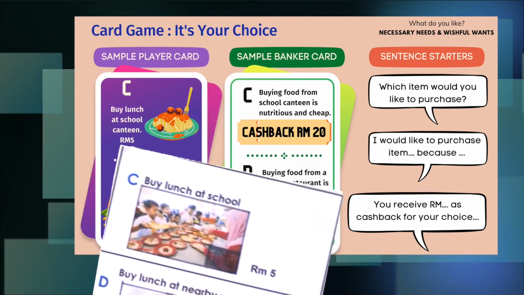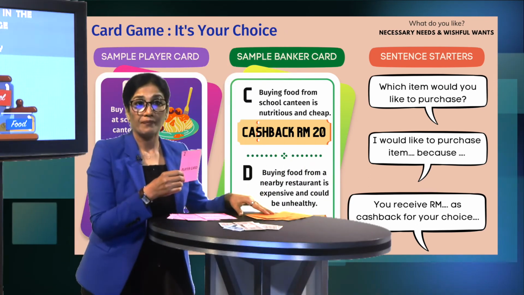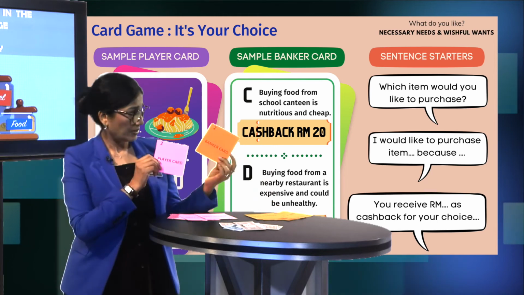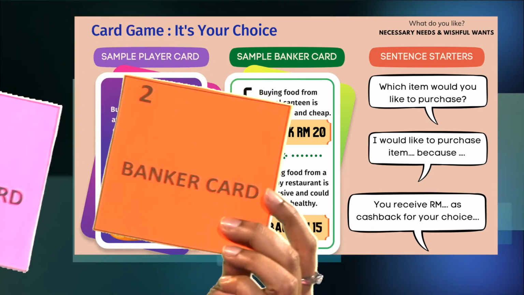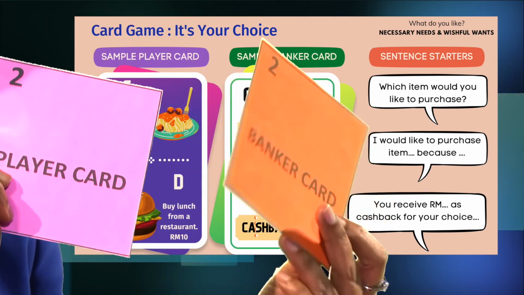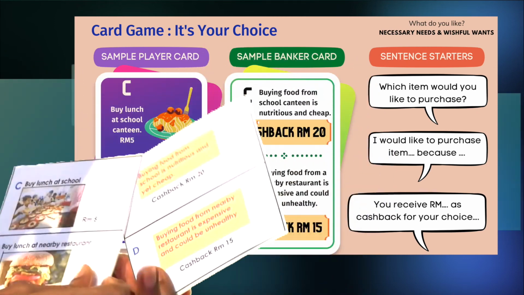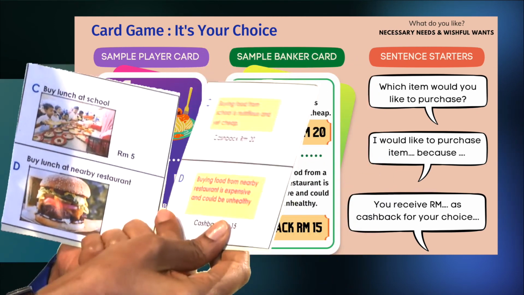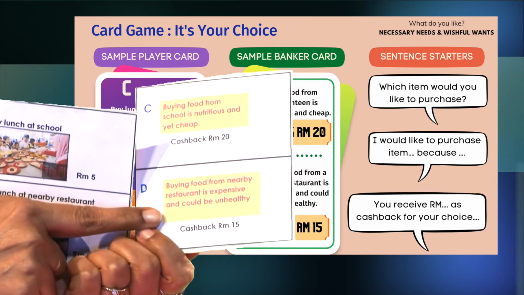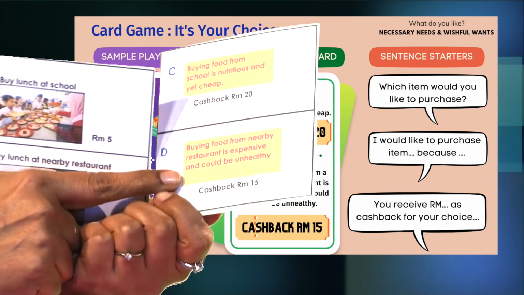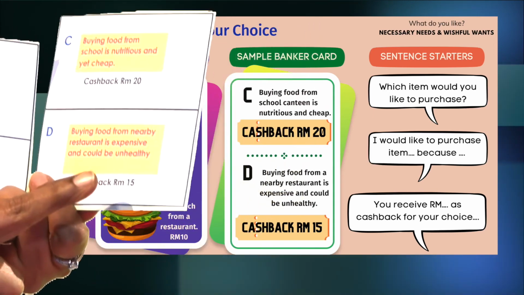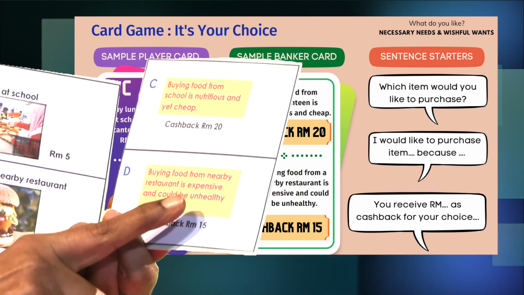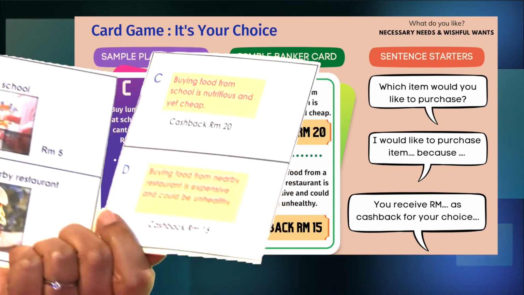The banker then picks up the same numbered card, number 2, and reads out the justification for option D and gives back the cashback of 15 ringgit as stated for that option.